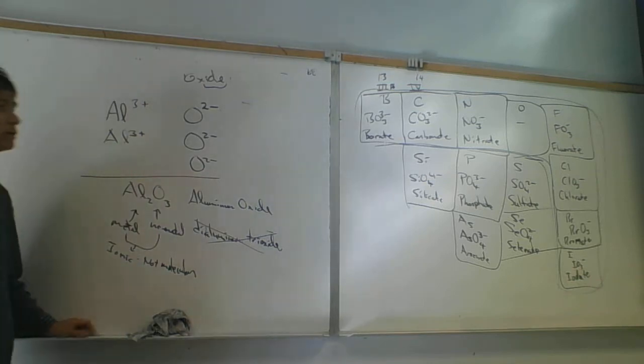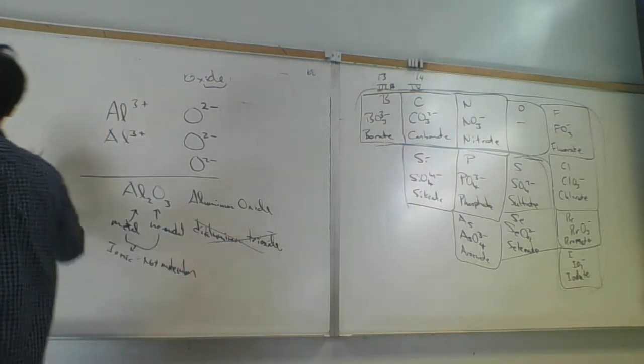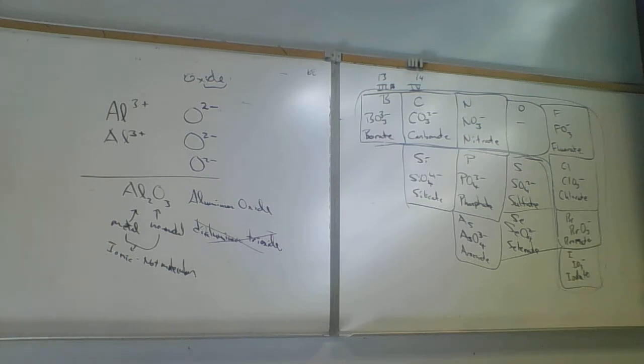Let's finish the last one, barium nitride. What does the barium ion look like? Ba2+, we saw that earlier. But what is nitride? It's going to be N3-, correct.